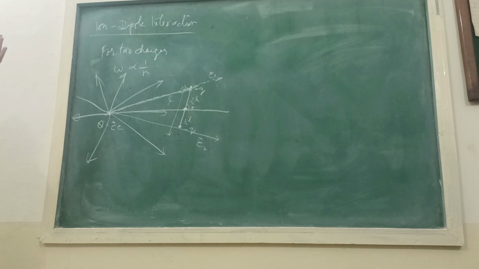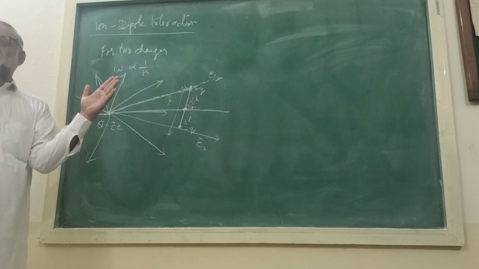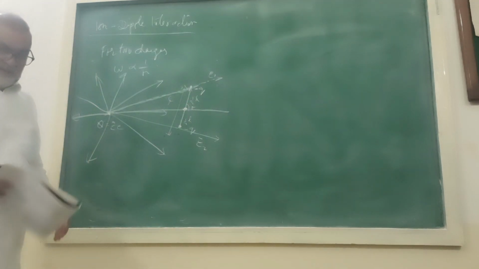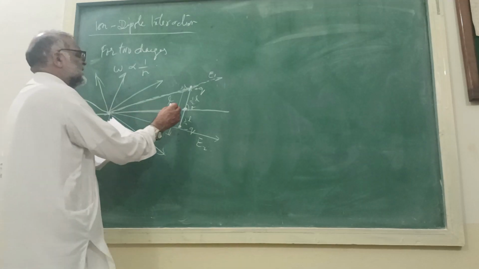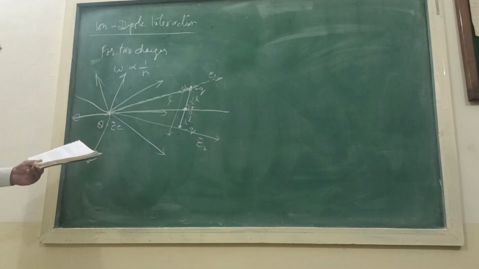Theta is the angle which the dipole makes with the field at this point. I may call it O, or whatever. Let me call it O.